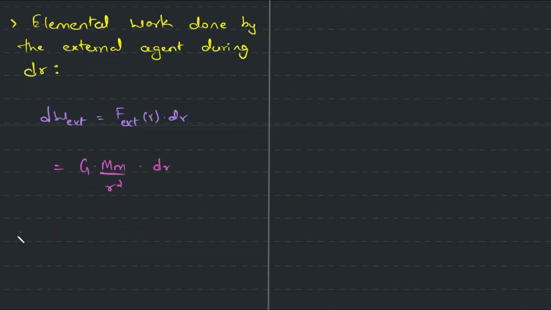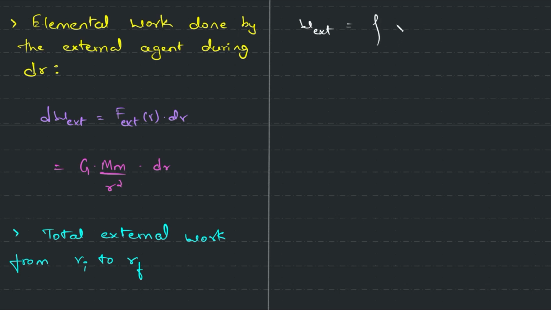Now, the next thing that we have to look at is the total external work from Ri to Rf. So what we have to do, we need to add them up. What is the best way to add? Yes, integrate. Integrate all the work throughout the journey from Ri to Rf.